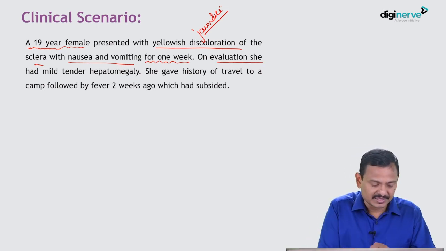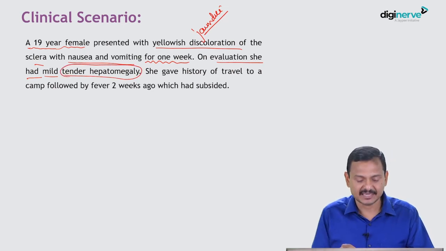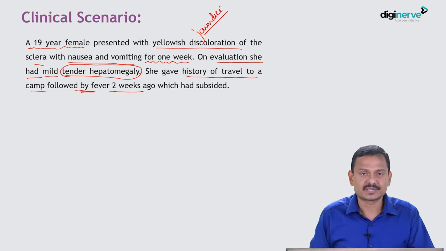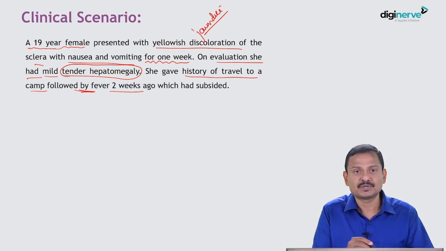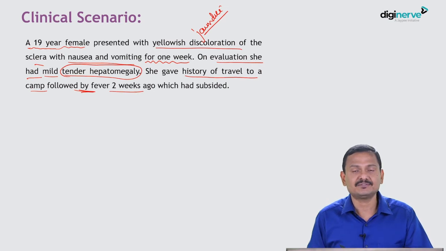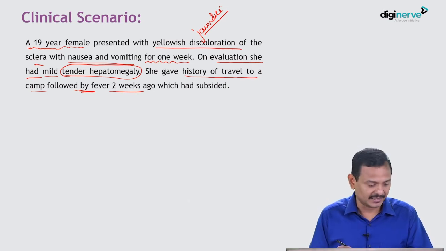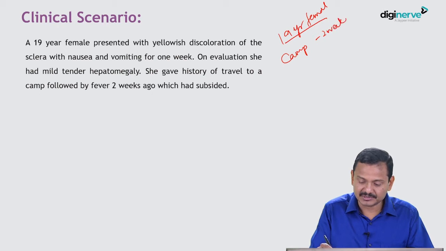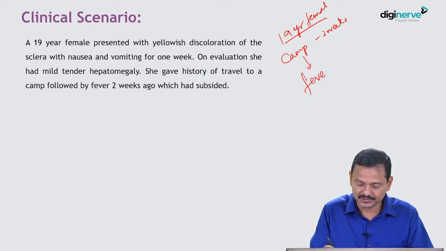On evaluation, she has mild tender hepatomegaly and she gave history of travel to a camp followed by fever 2 weeks ago. So I hope you have understood what she is suffering from, but let's analyze it again. So she is a 19-year female. She has gone to a camp 2 weeks back, and after coming from the camp she has fever.